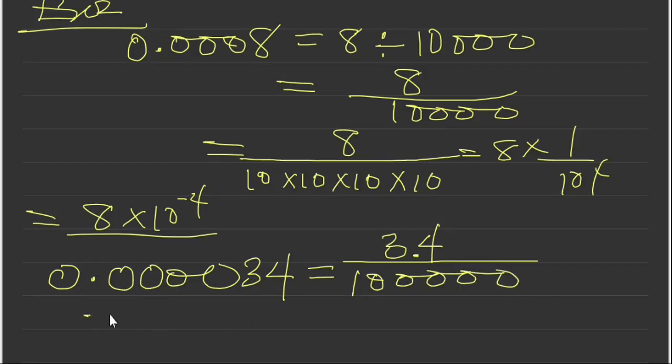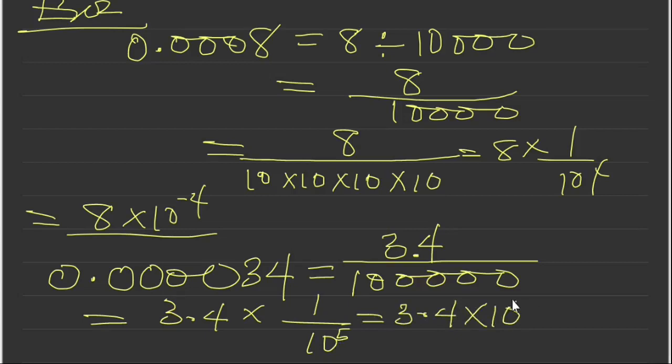So therefore, which is 3.4 times 1 over 10 raised to the power 5, which is equal to 3.4 times 10 raised to the power minus 5. So this is how we change the small number to standard form.